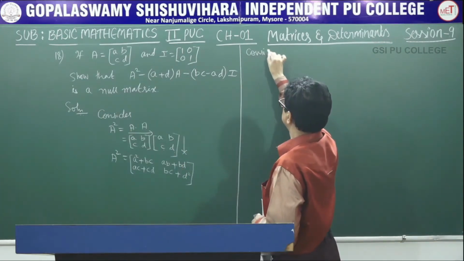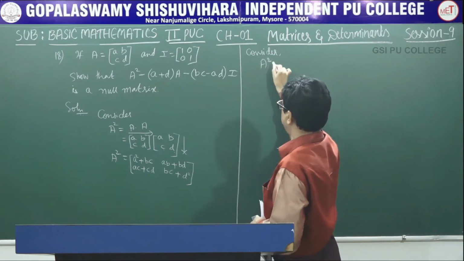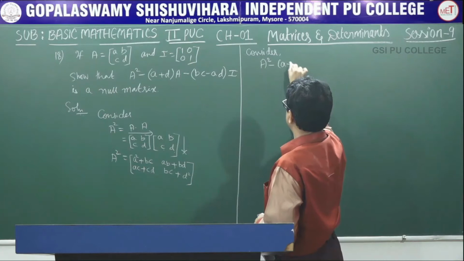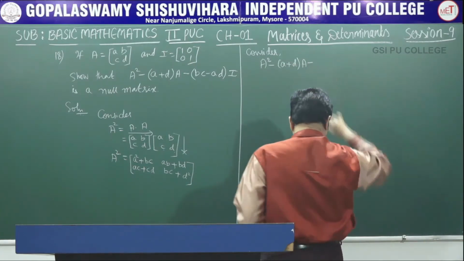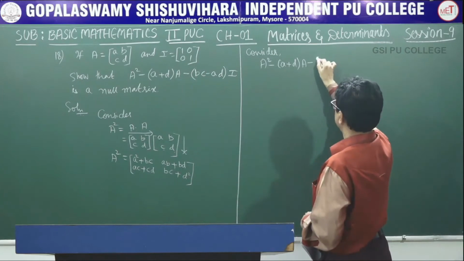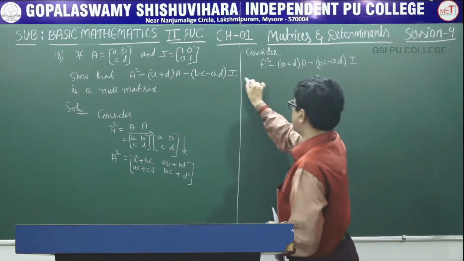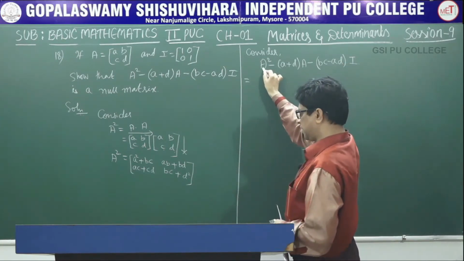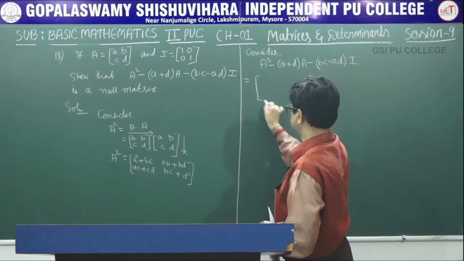Consider A square minus of A plus D into A minus BC minus AD into I. So that will be equal to, so A square matrix is this one.